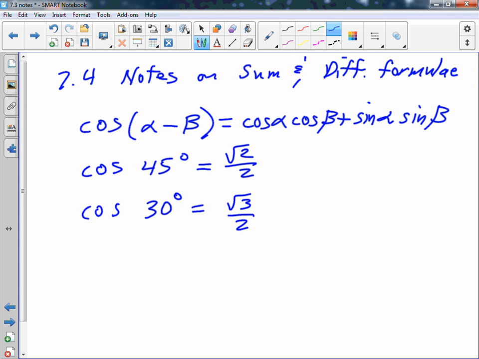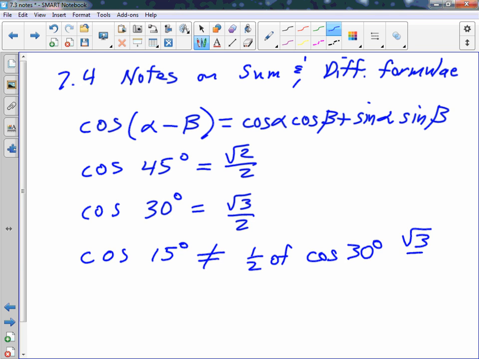Things like that. But what if I said to you, what about cosine 15 degrees? I'll tell you right away, it's not half of the cosine of 30. That would be easy. What would that be? The square root of 3 over 4? Well, it's not. So that means we need something else.